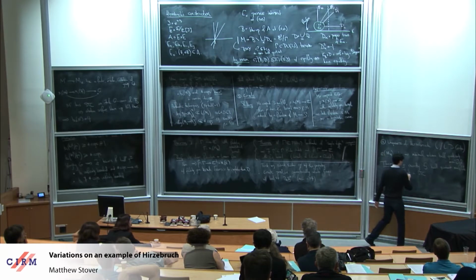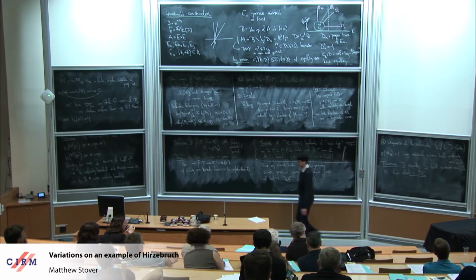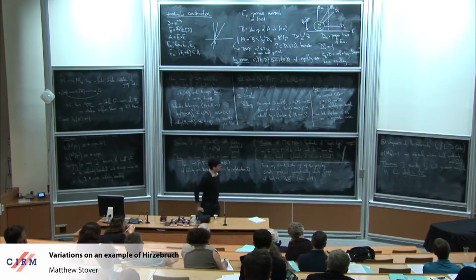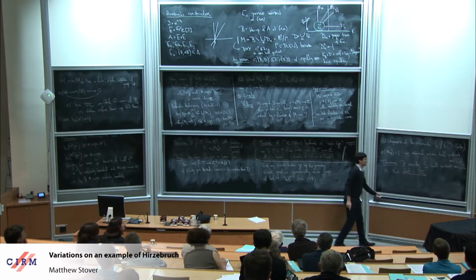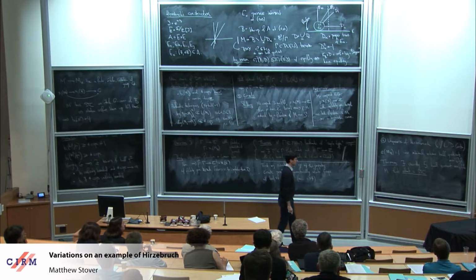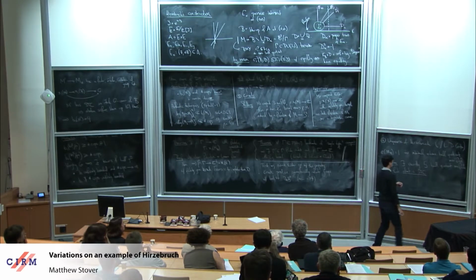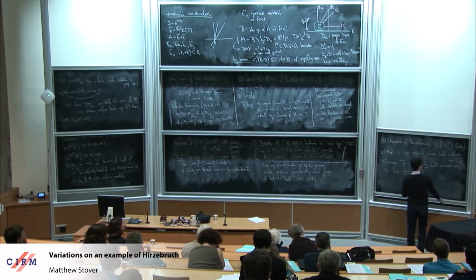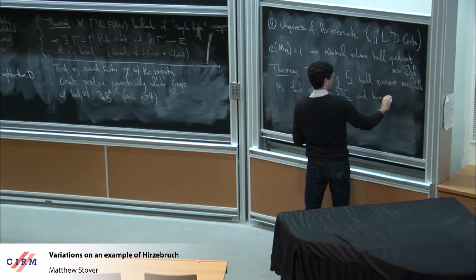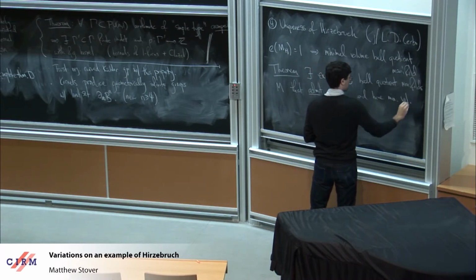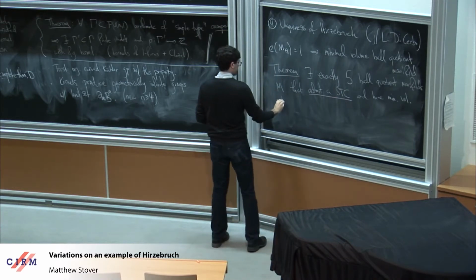There's an old paper of mine about 8 years ago or so where you can find examples of manifolds that have Euler number 1 and don't fit into this picture, and have minimal volume. There's Hirzebruch.